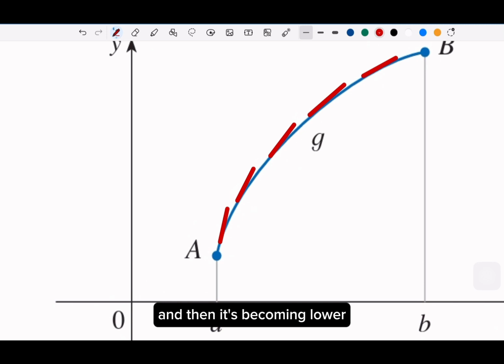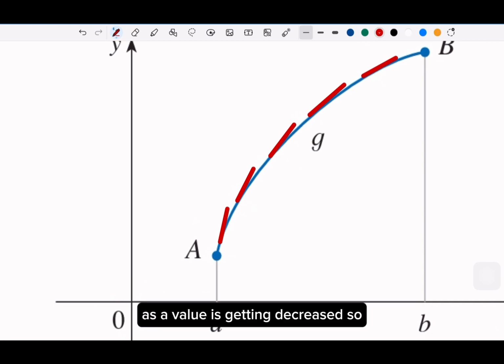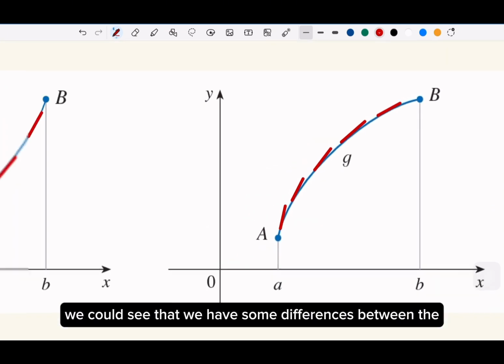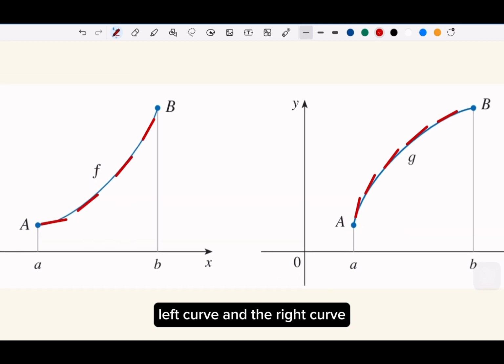And then it becomes lower, but not negative, and then nearby point B it's nearly horizontal, or nearly 0. Which means the slope value is decreasing, right? So we can see there are some differences between the left curve and the right curve.